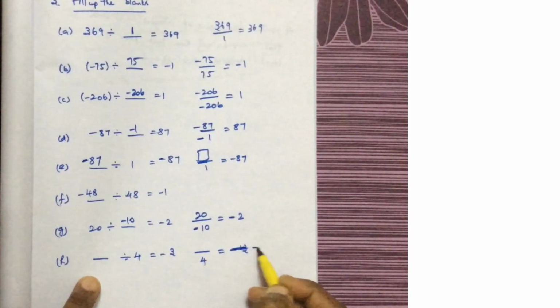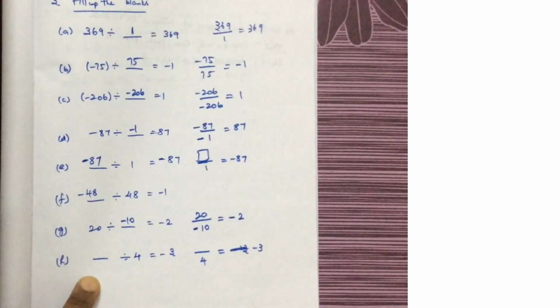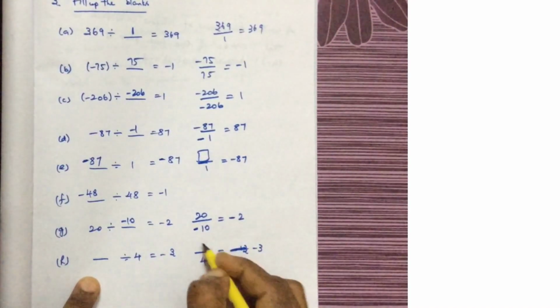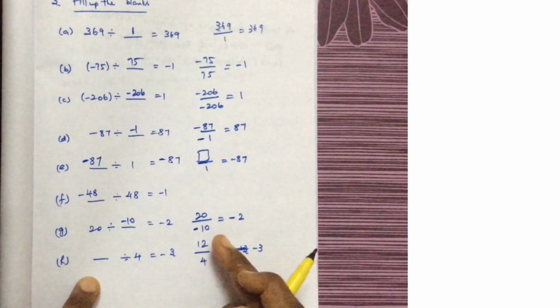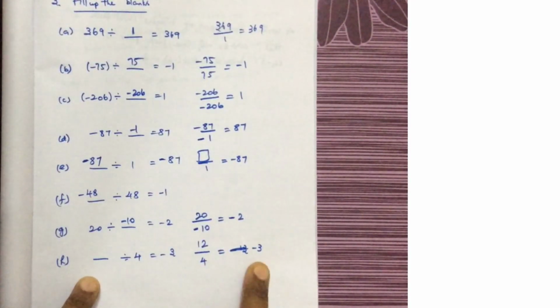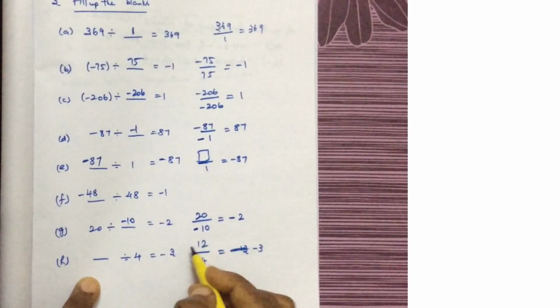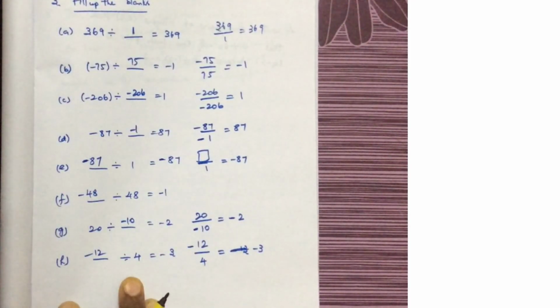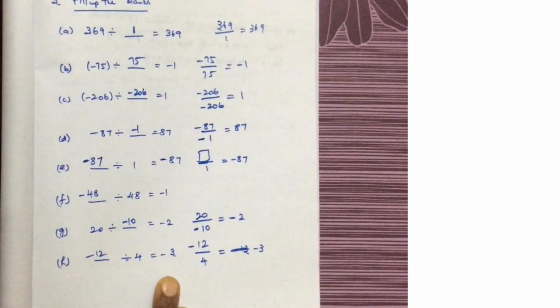So what is this? 4 3s are 4 multiplied by 3 is 12. So 12 divided by 4 is 3, but there is a negative sign, so it is minus 12. Minus 12 divided by 4 is minus 3. You have to practice more problems on this.